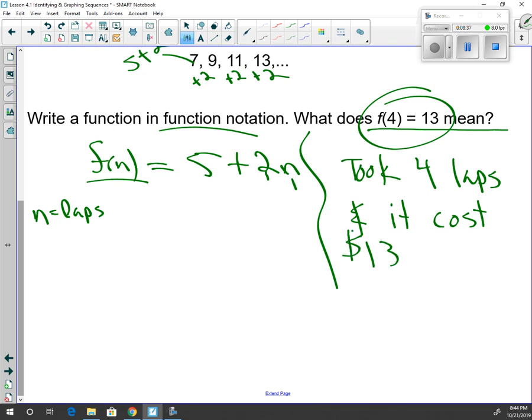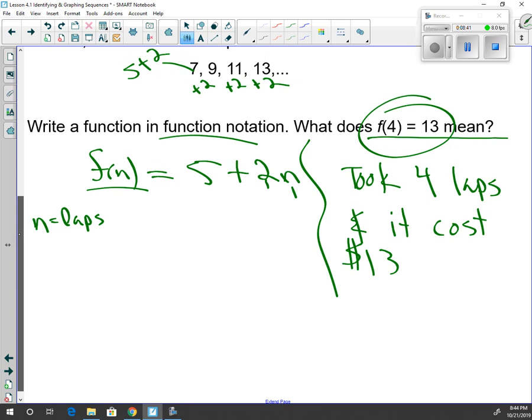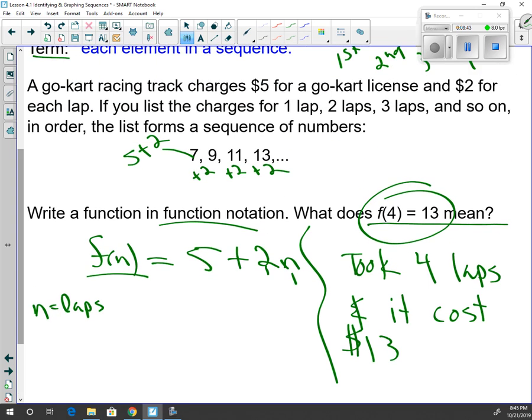13 bucks. Okay? And if we're talking about connecting it to what we've done in the past, I could have given you this exact question on the quiz, but we wouldn't have talked about it in a sequence. We would have talked about it maybe as making a table, right?